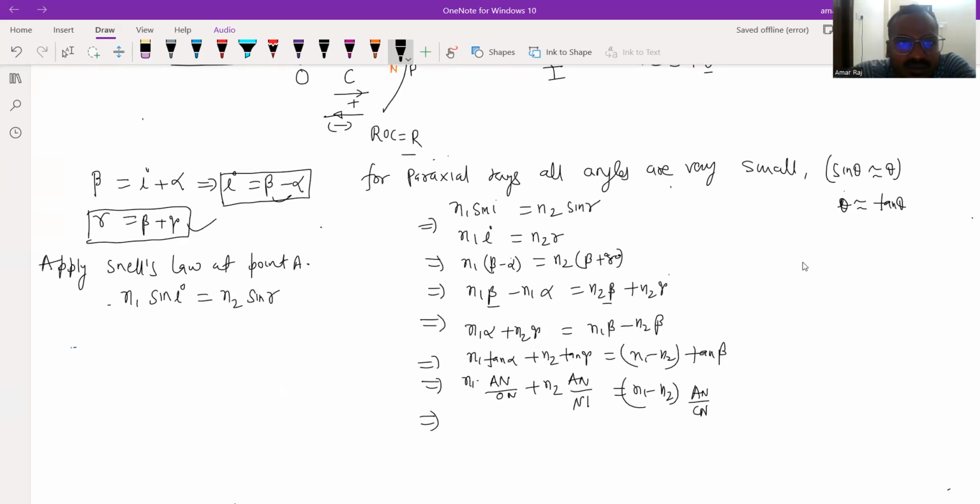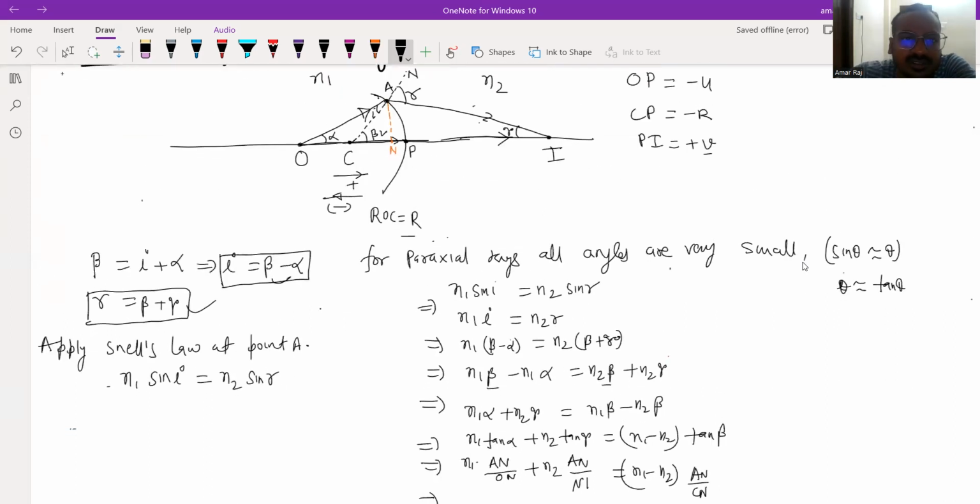Now, since the rays are very close to the principal axis, N is also very close to P. So in place of N you can write P. ON you can write OP, CN you can write CP, and IN you can write IP.